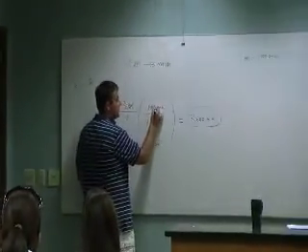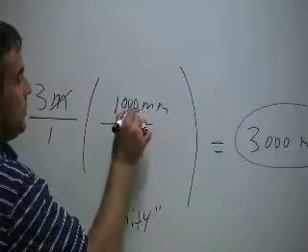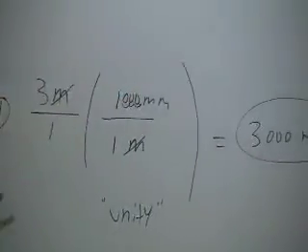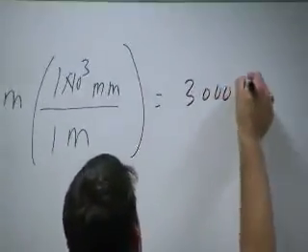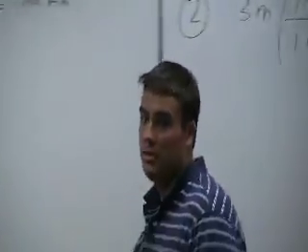So, see, there is a decimal there, even though it's not written, and it's 1, 2, 3. That's the number 3. Do you guys see that? So 3 times 1 times 10 to the 3 is 3,000 millimeters. All right, again, we've gotten the same result.